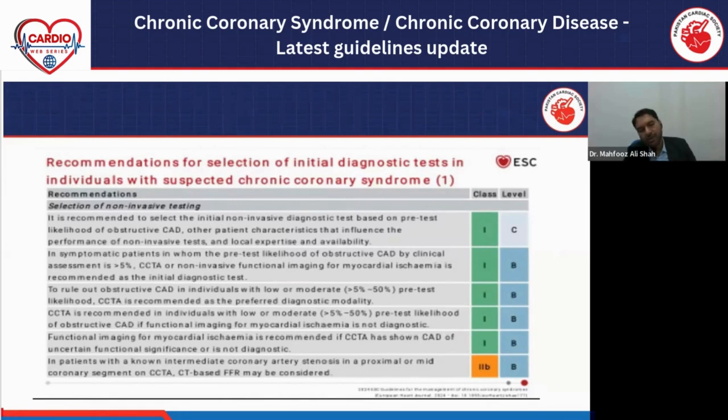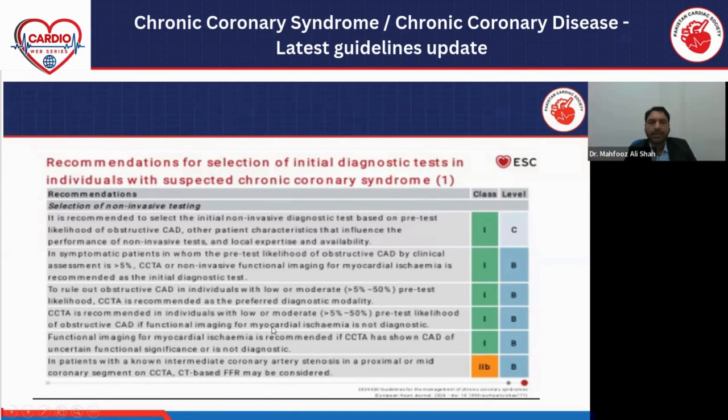According to the guidelines, as I have mentioned previously, the class one recommendation is that we advise the patient a test according to his likelihood of pretest probability. In symptomatic patients, the pretest likelihood of obstructive coronary disease by clinical assessment is more than 5%. Patients categorized as low, we can advise CCTA, and patients with low or moderate pretest likelihood, we can also advise CCTA.